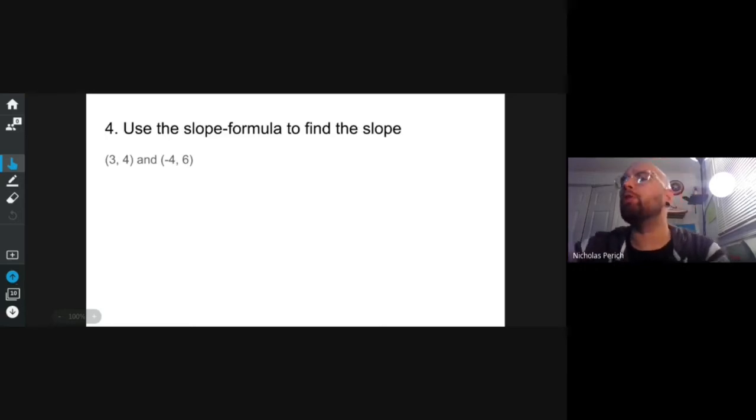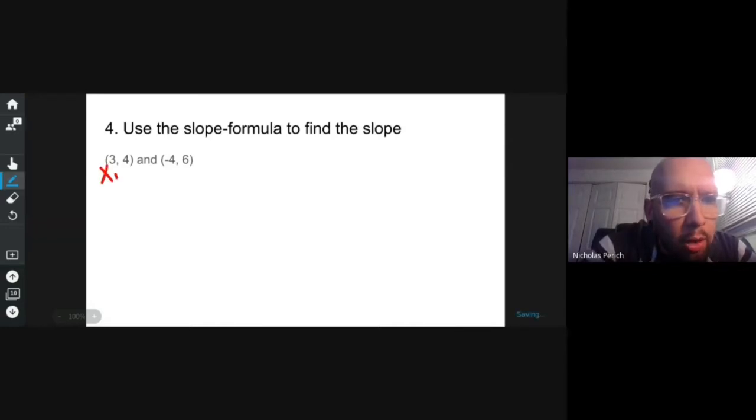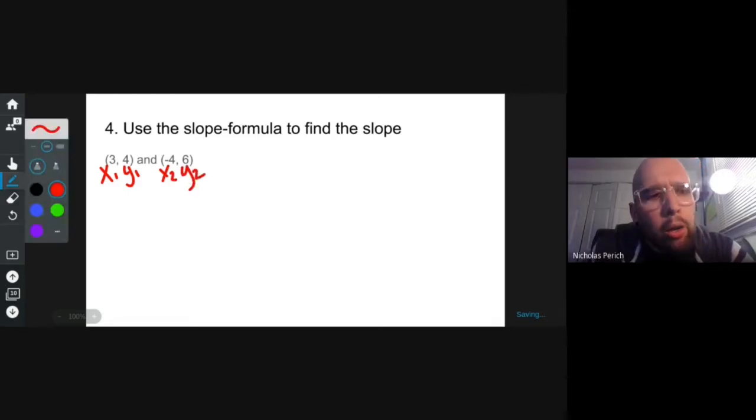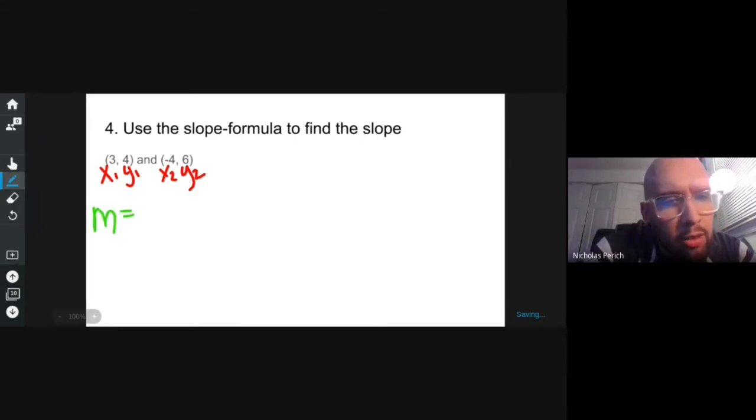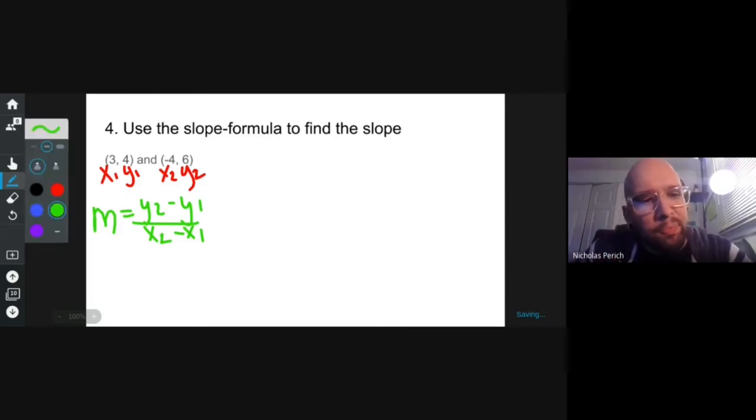Okay. Use the slope formula to find the slope. All right, so let's do what the guy did in the video. I'm going to label my points x sub 1, y sub 1, x sub 2, y sub 2. I'm going to write out my slope formula. M equals y sub 2 minus y sub 1 over x sub 2 minus x sub 1.